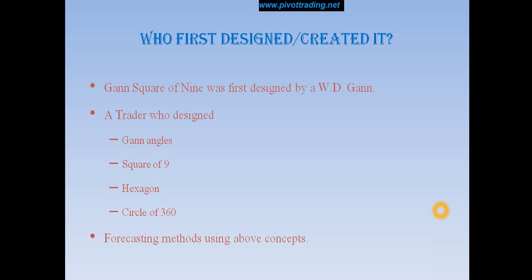He designed different strategies and concepts. A few of the important ones were Gann angles, square of 9, hexagon, and circle of 360. This session will concentrate only on describing what the Gann Square of 9 was and how we are using it today.